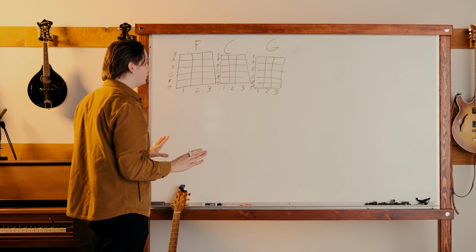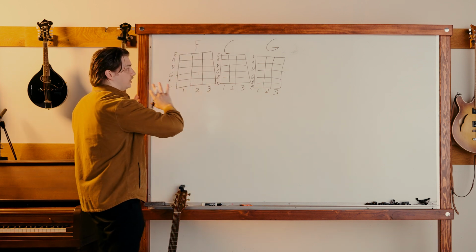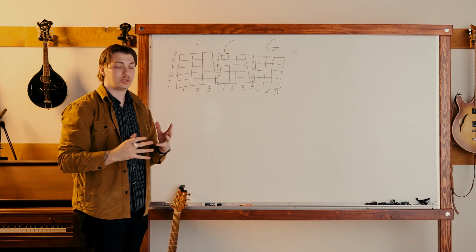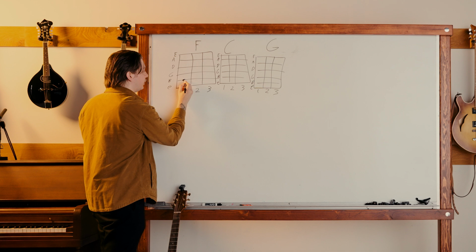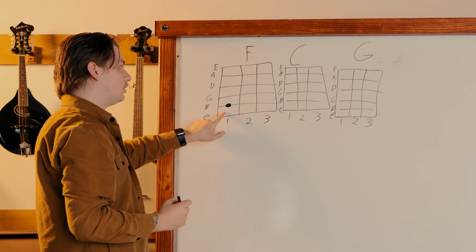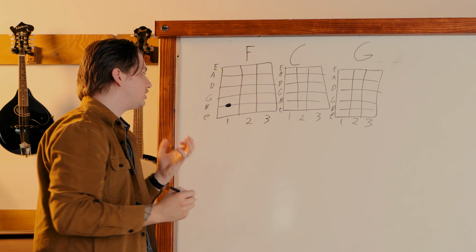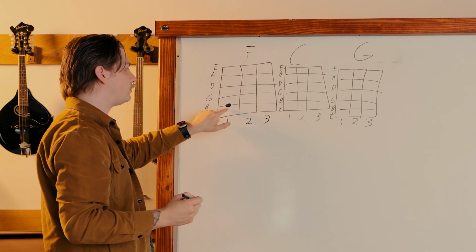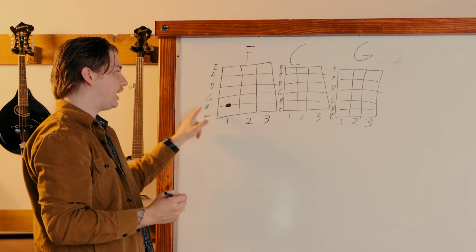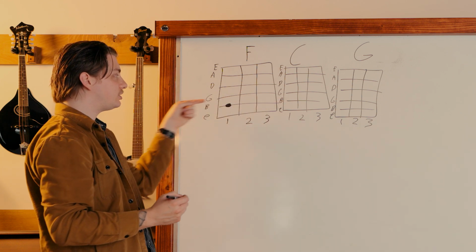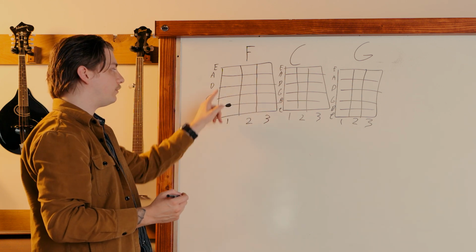So now, this is where the chord diagrams start, okay? So we're going to go like this. This right here, where I'm pressing down, this dot means that one of my fingers is pressing down on the 1st fret of the B string. Do you see that? So it's on the B string line on the 1st fret.